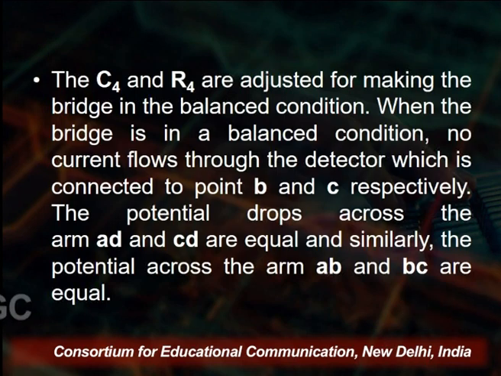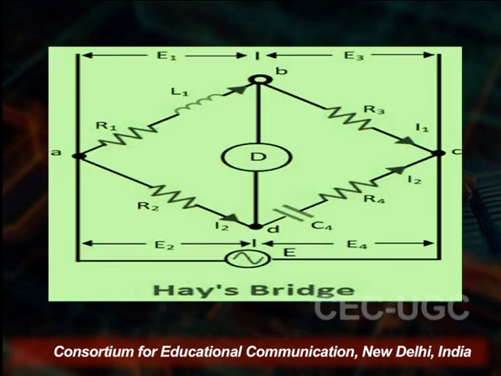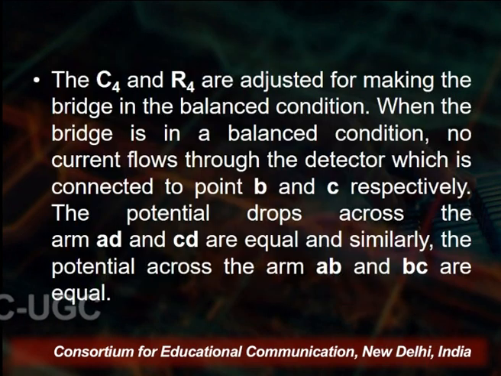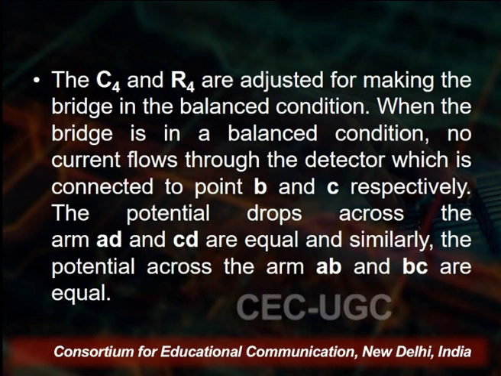Here, C4 and R4 are adjusted to bring the bridge to the balance condition. So on the right hand side, D and C, we arrange C4 and R4 for balancing the bridge. When the bridge is in the balance condition, no current flows through the detector.